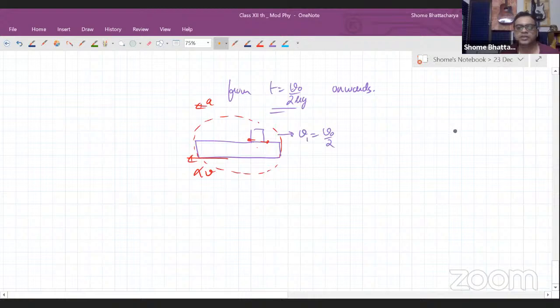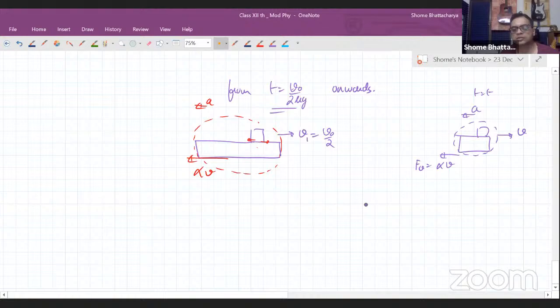Okay. So at any general time t, now the whole thing has a velocity v, and on the whole system, the external force is only alpha V, which is the viscous force. So it has a deceleration, which is alpha V upon m plus n. Okay, so this is going to give us that exponential kind of thing. So we can do one more thing.